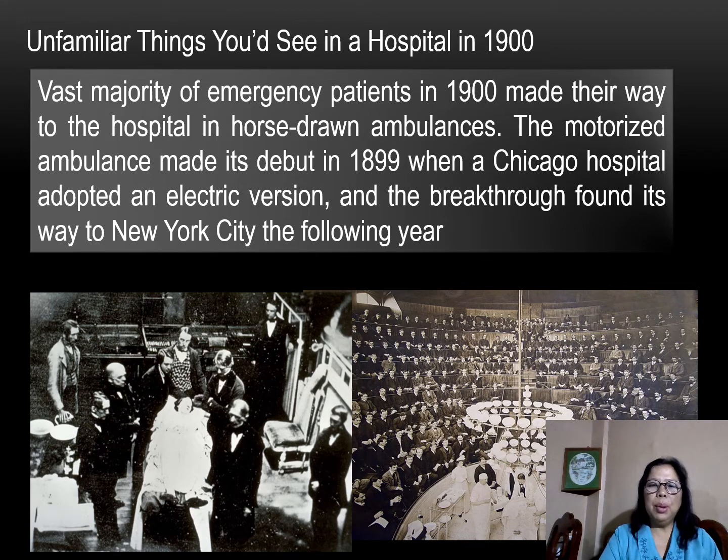The motorized ambulance made its debut in 1899 when a Chicago hospital adopted an electric version, and the breakthrough found its way to New York City the following year. But this is how surgery was made. It is open to the public. This is actually the surgeon, and this is the audience.